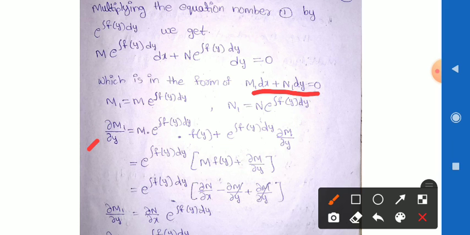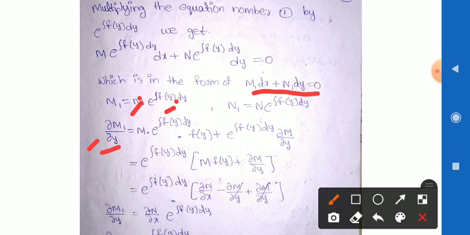We get ∂M1/∂y = M × e^(∫f(I)dy) × f(I) + e^(∫f(I)dy) × ∂M/∂y. Here, e^(∫f(I)dy) is u and M is v.